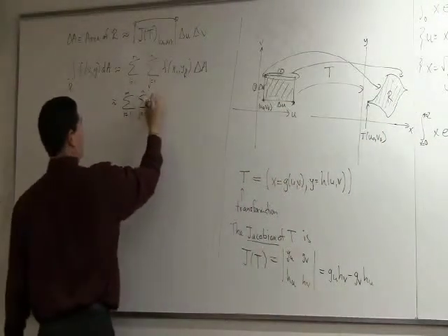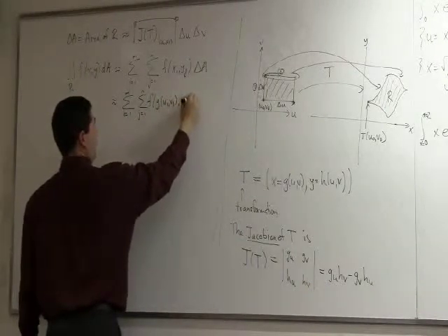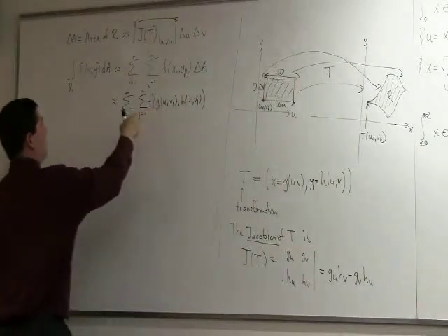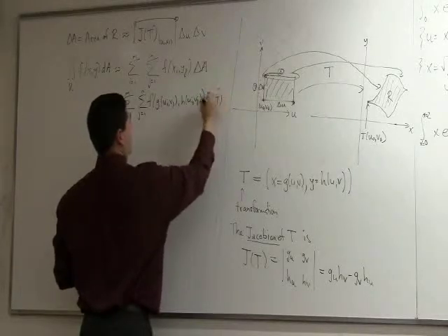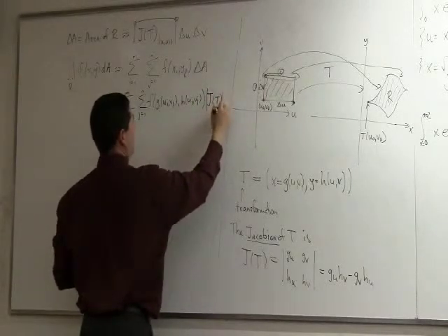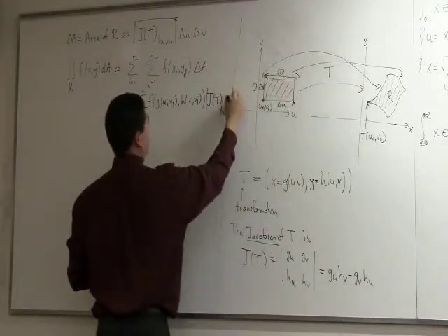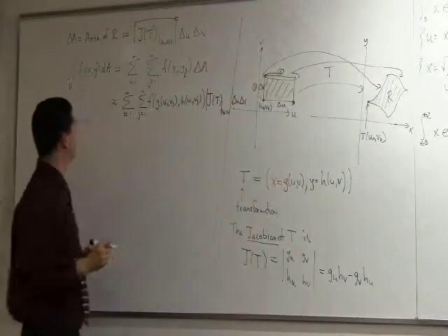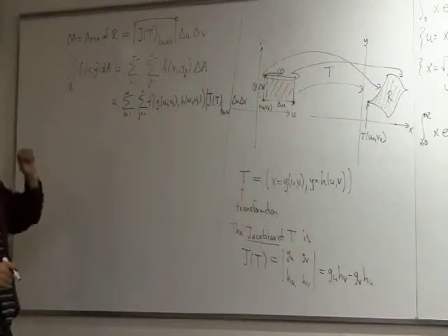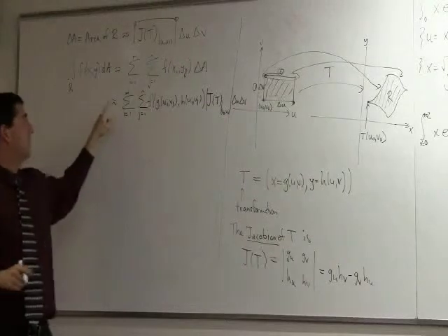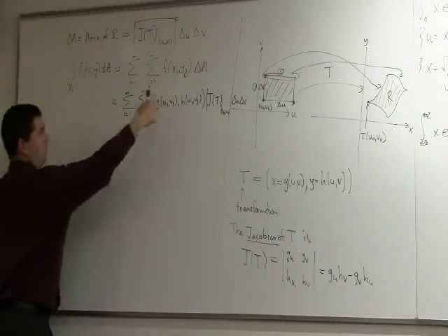So I write this as f of g of ui vj, comma h of ui vj. And then I multiply by the absolute value of J of T evaluated at u naught v naught times delta u delta v. Now if I take the limit as m and n go to infinity, then I get the double integral.